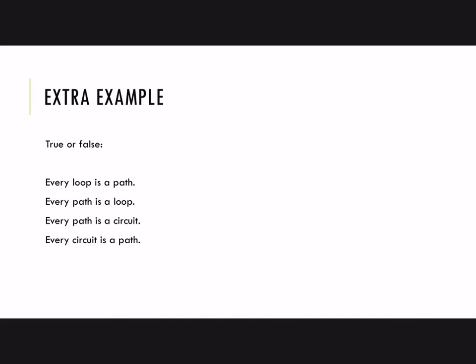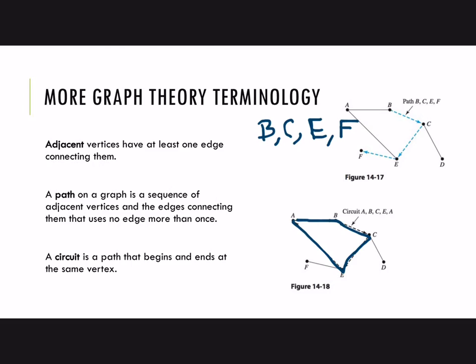Every loop is a path. That is true. You could make a case for false on this one as well. I think all of the other ones are definitely true or false. But if you look at the definition of a path, it's a sequence of adjacent vertices and the edges connecting them that uses no edge more than once.